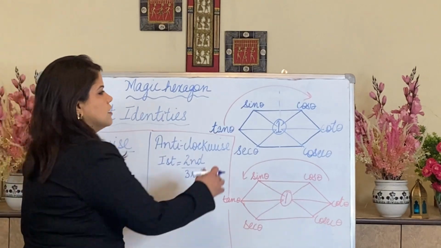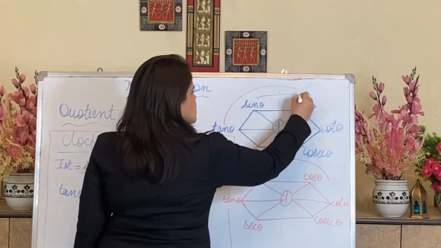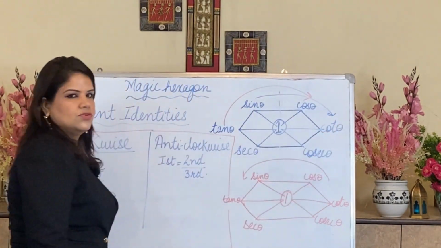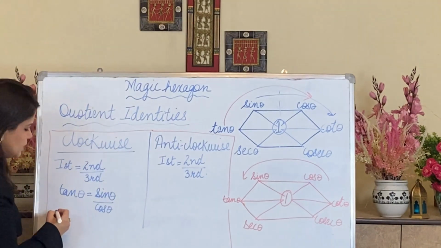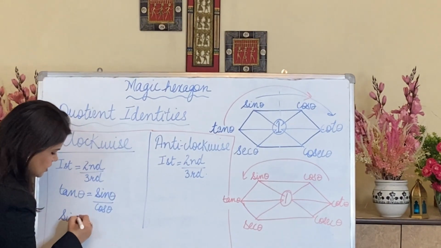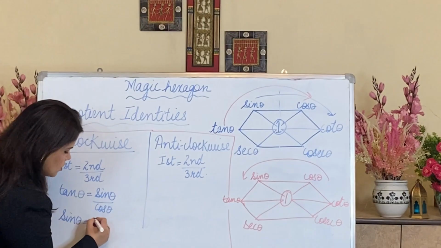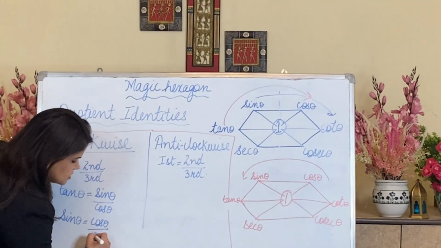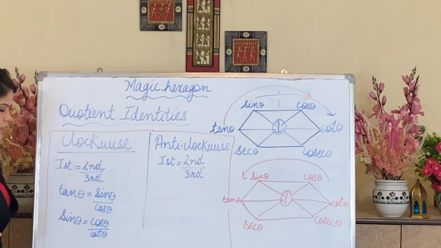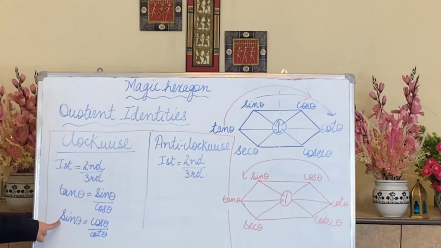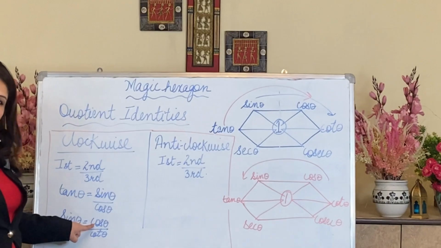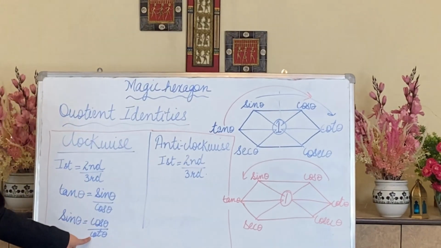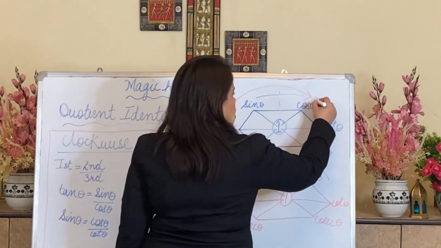Now I am taking sin theta, cos theta and cot theta, these three. So what will be my identity? Sin theta is equal to cos theta, that is second, and cot theta is third. So this will give me sin theta is my first function, cos theta is my second function, cot theta is my third function.